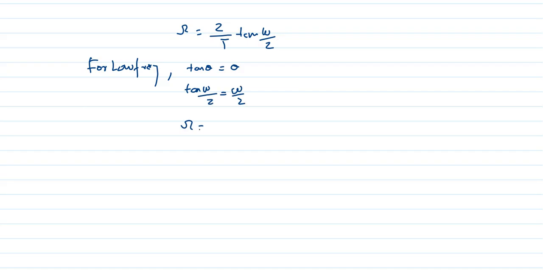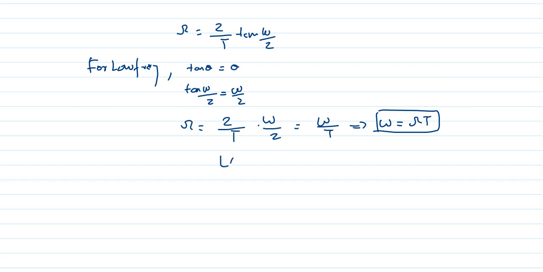So omega is equal to 2 by T into omega by 2, which becomes omega by T, or I can write omega is equal to omega T. What it means, for low frequencies it is having a linear relationship, but for high frequencies this tan actually comes into the picture. Because of that, there is a high amount of non-linearity.